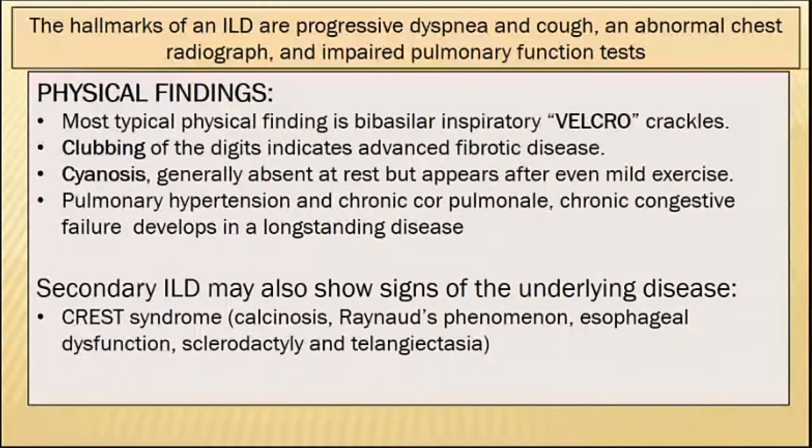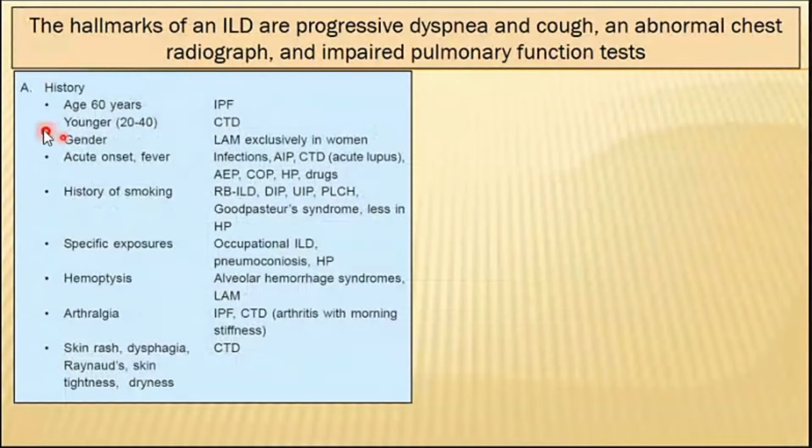Okay. So to summarize, this is just a brief summary. If age is more than 60 years with ILD, usually it's most likely to be IPF. Okay. Younger, think of secondary causes, for example, CTD. Women, LAM. Acute onset, you have your AIP, CTD, acute eosinophilic pneumonia, COP, HP, drugs.